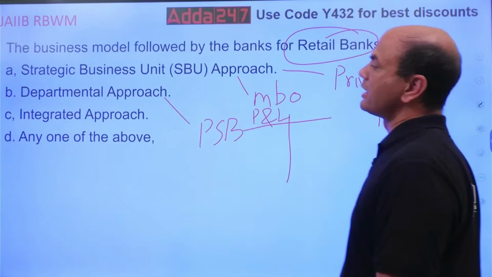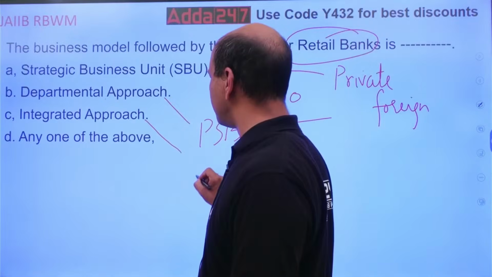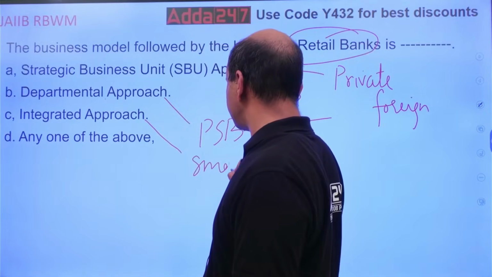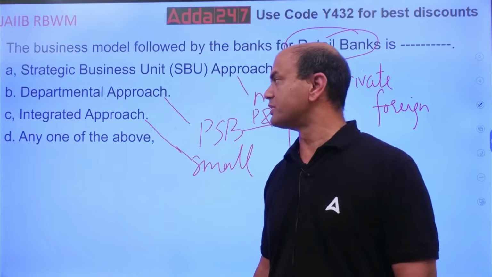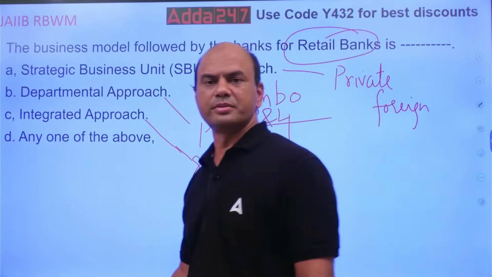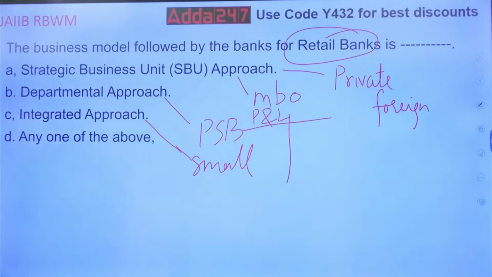Okay, and integrated. This is in small finance banks, small banks. Small banks means what? What happens in this? In integrated approach, everyone does every job. Means here it's not that I am in the savings department, I am in the current department, I am in the account opening department. No, you are in all departments.